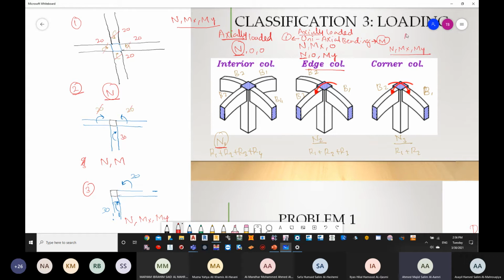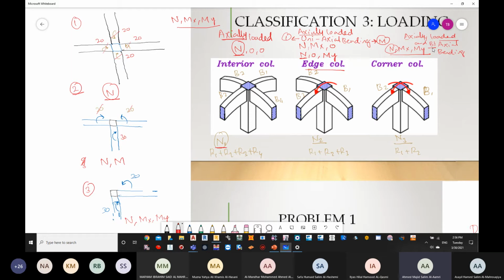So we call this one axially loaded and biaxial bending. Axially loaded, we are referring to n. Bi means 2. Bending means moment. So we have 2 moments.